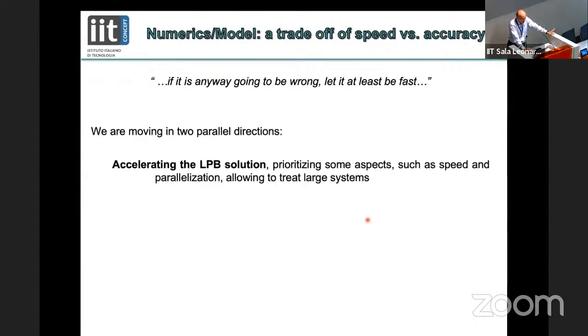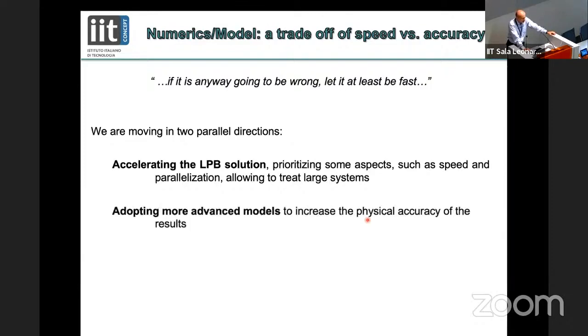In this case, we decided to follow two different paths. One is the acceleration of the linear Poisson-Boltzmann solution, of course prioritizing some features, some aspects. And I am looking forward to the roundtable this afternoon. Treating large systems is one of them because, as I said, cryo-electron microscopy is providing so many large structures that we need to have some tools able to deal with them.